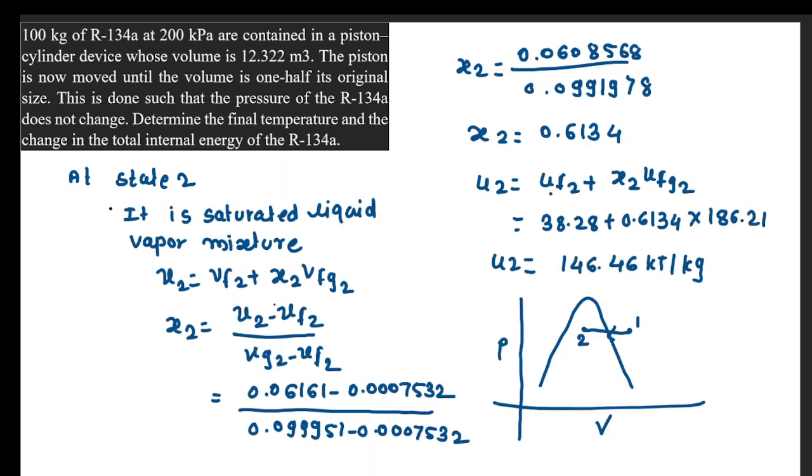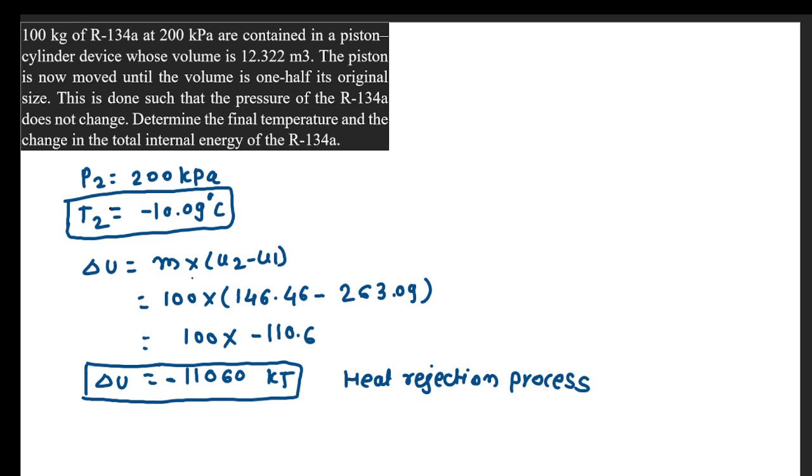From that we found the dryness fraction using the formula vf2 plus x2 vfg2. We found x2 as 0.6134. Using this, we calculated the internal energy at the final state, and finally we got m into u2, final state, minus u1, initial state. So we are getting 100 into minus 110.6, approximately 11060 kilojoule. This is the final temperature and this is the change in total energy. Thank you.